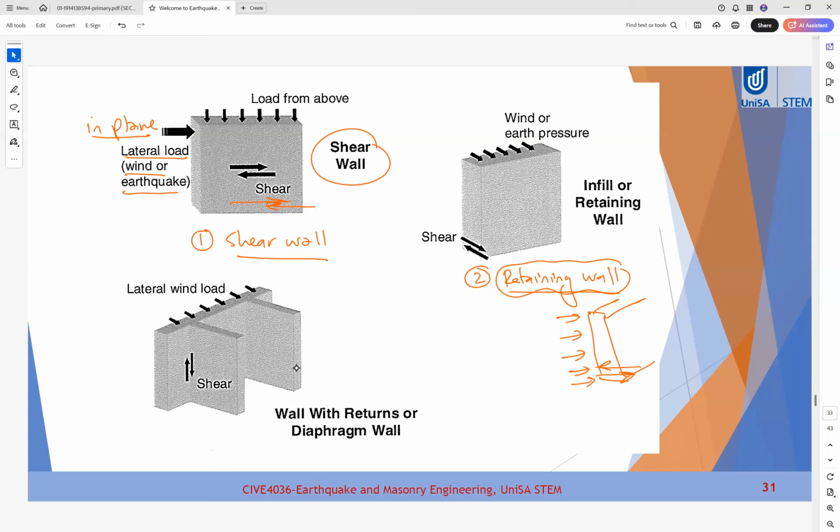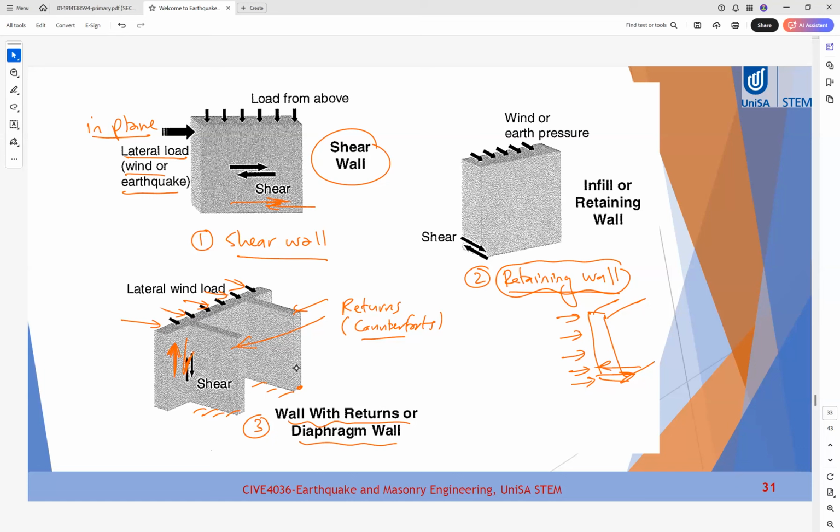The third type is the wall with returns or diaphragm walls. As you can see, we add two returns or counterforts to the wall to make it more stable. So if you have lateral wind here, due to these two supports, you will have vertical shear on the wall.